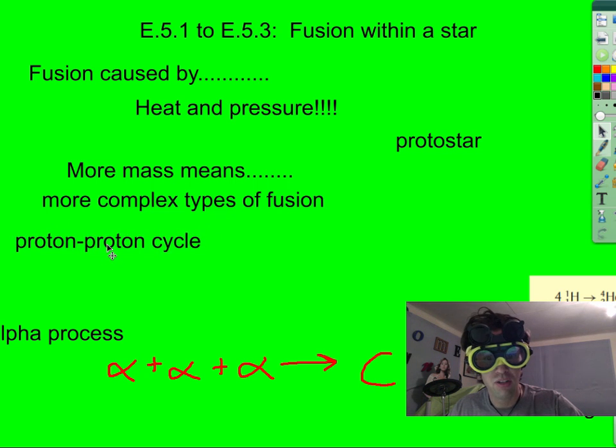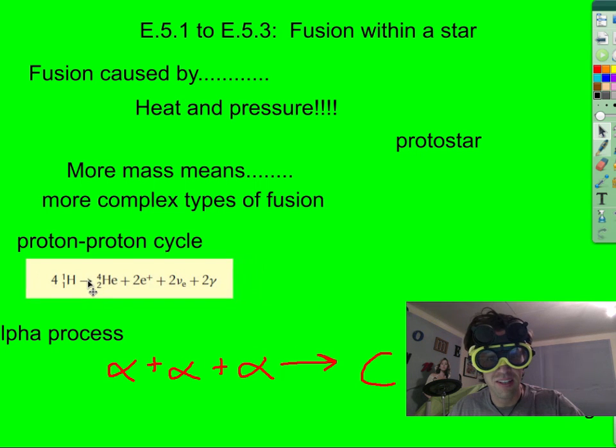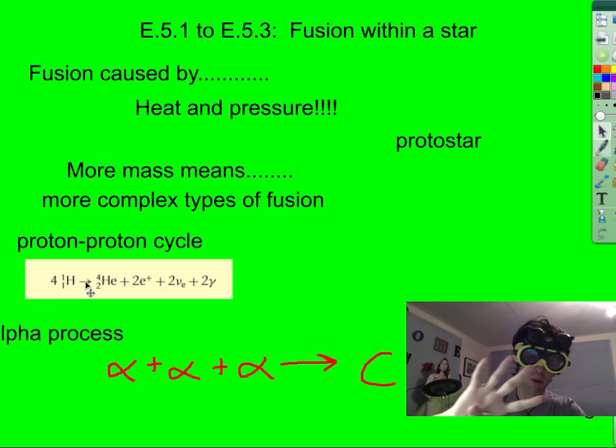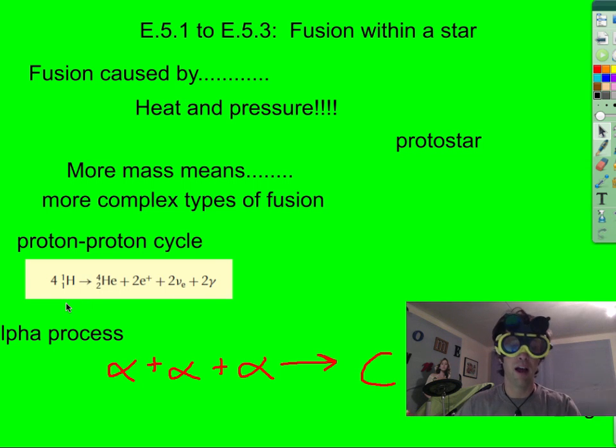One simple one is called the proton-proton cycle. And that is if you take 4 protons, or hydrogen atoms, I guess, or hydrogen nuclei, slam them all together, you're going to get this situation here. And you may not need to memorize the equation, but you should be familiar with what's what. You know this is a hydrogen atom.